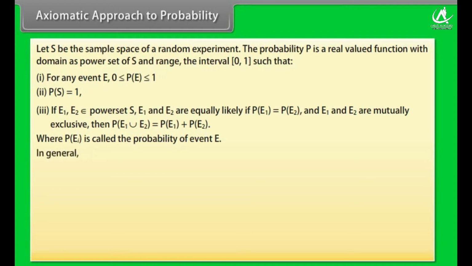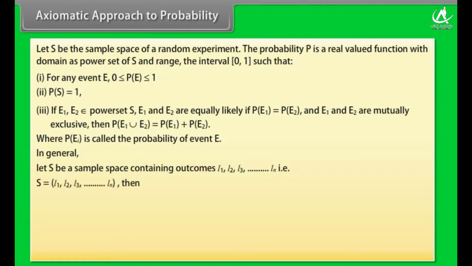In general, let S be a sample space containing outcomes L1, L2, L3 up to Ln, that is, S is equal to L1, L2, L3 up to Ln.